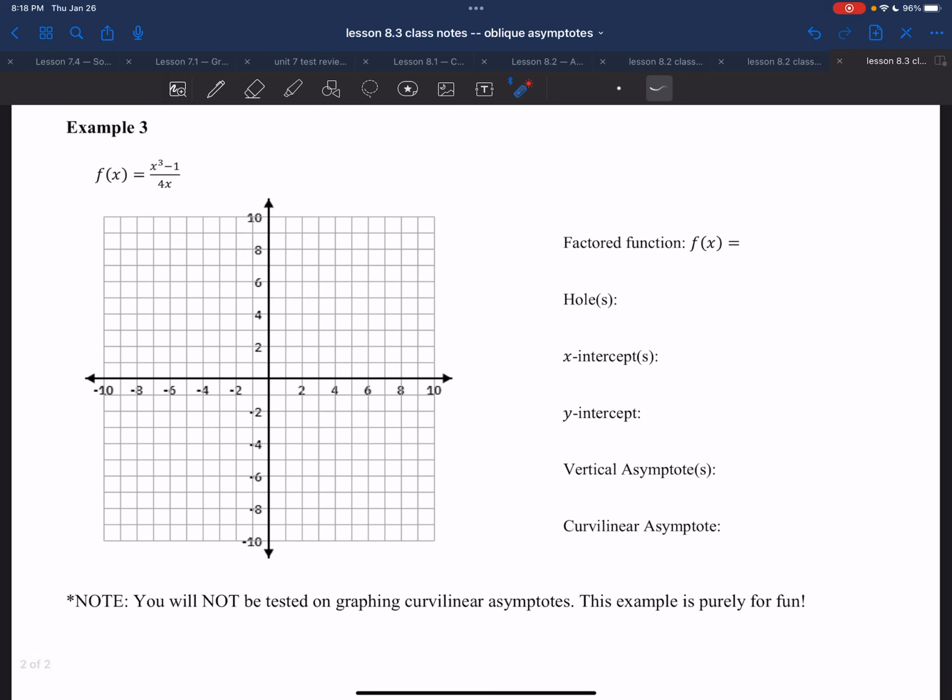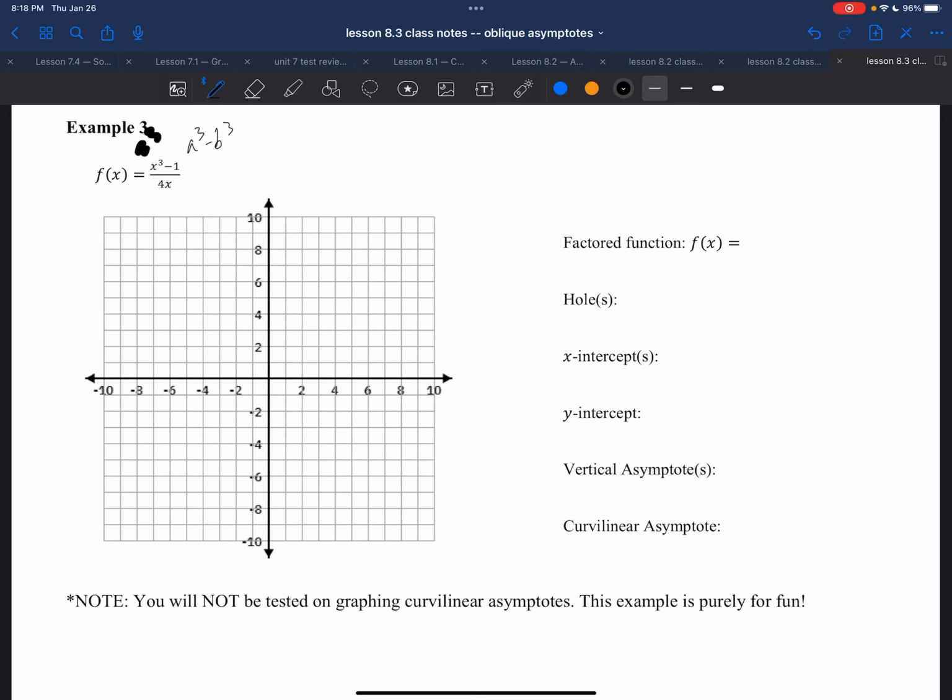All right, example 3, and this one I'm going to have real fun with. Okay, ready. Let's factor the numerator. That is a difference of cubes, right? That's a cubed, oops, I'm still on the fat marker, a cubed minus b cubed.